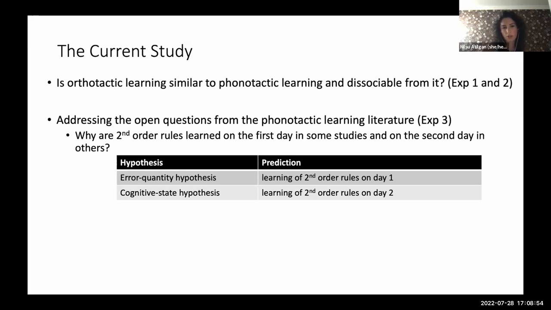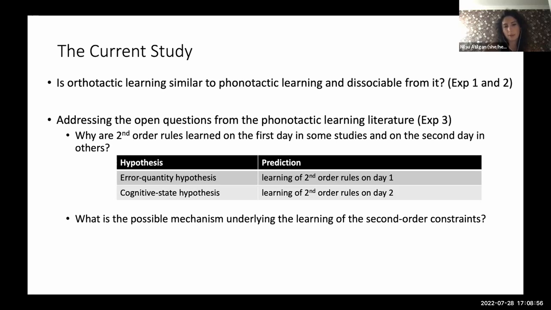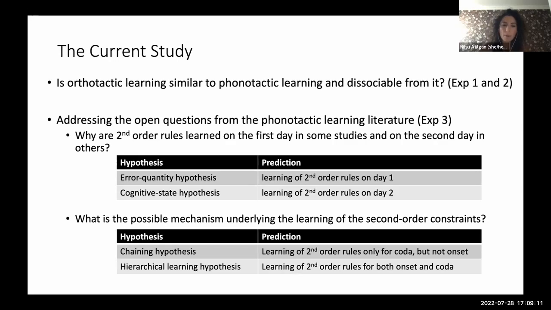And the second open question is, what is the possible mechanism underlying the learning of the second order constraints? While both onsets and codas are contingent on vowels, their different positions with regard to the vowel can be used to posit different learning mechanisms. One possibility is that the constraints are learned in a strictly sequential manner, which would lead to the chaining hypothesis.